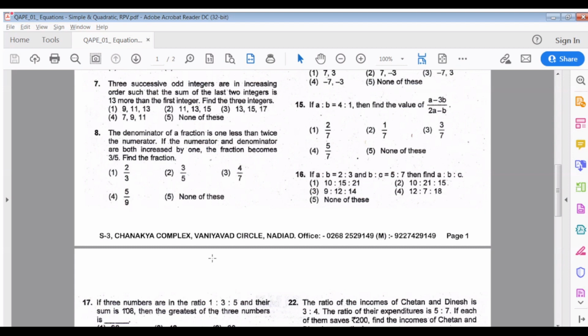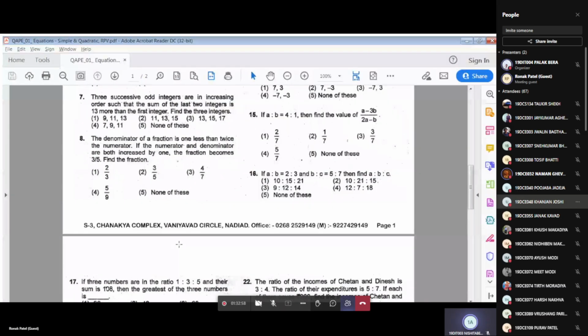Don't write with your pencil. Use the options. So, trial and error. We can add the last two options and subtract the first, and it will be the correct option with 13. Just think wisely.